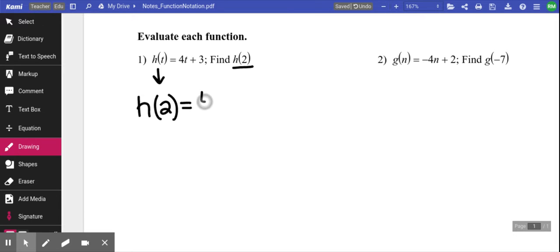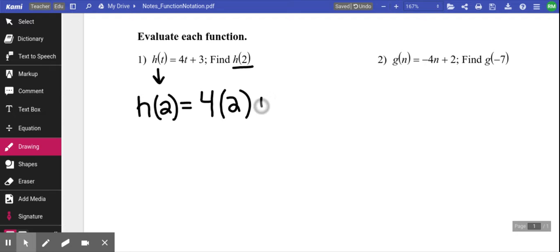Now we're going to have 4. Are we going to write t in there? No, we're going to write 2, right? Because that tells us that we need to replace everything with 2. Every variable is going to have a 2 now. So instead of t, it's going to be 2.